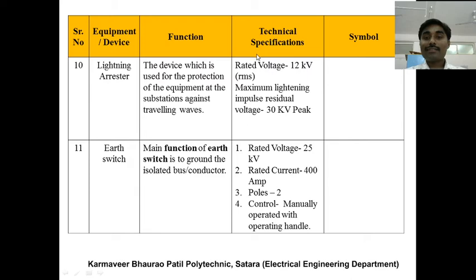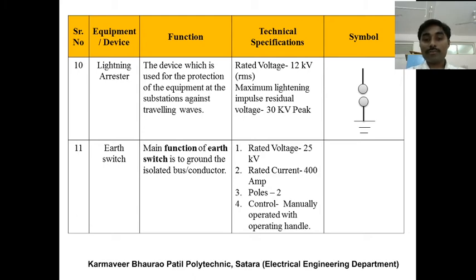The technical specifications of a lightning arrestor are its rated voltage, which is given here as 12 kilovolt RMS, and the maximum lightning impulse residual voltage, which is 30 kilovolt peak value. The above one is the RMS value, and here is the 30 kilovolt peak value. The symbol of a lightning arrestor is like this.